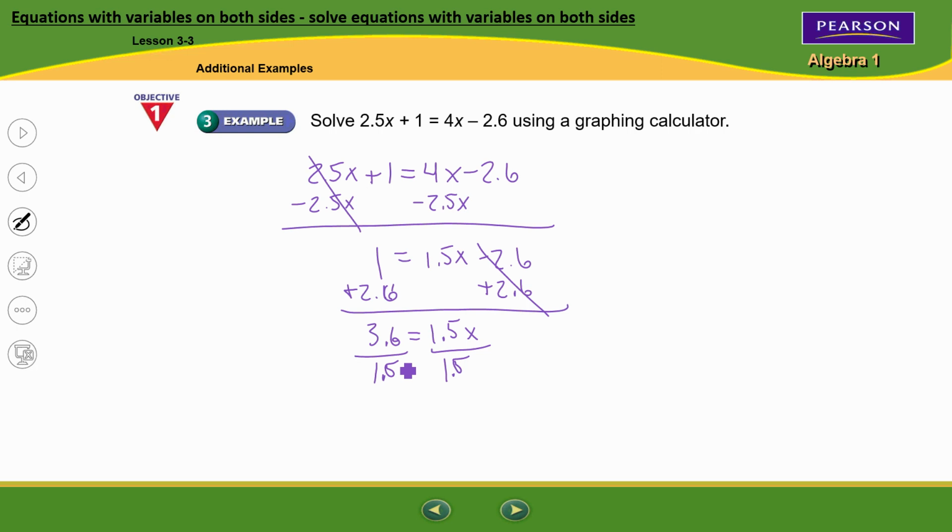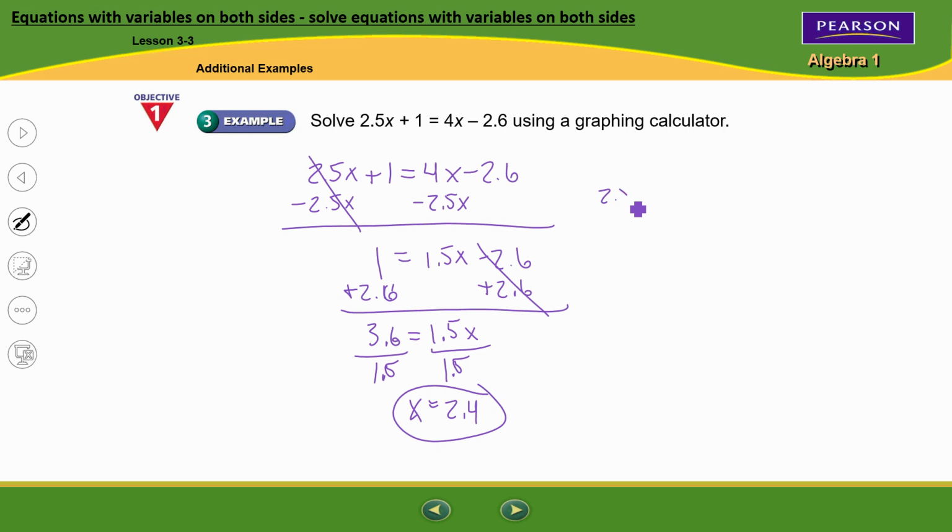So 3.6 divided by 1.5 is going to equal something that I will know once I have calculated it on my calculator. 3.6 divided by 1.5. We're going to get 2.4. And at this point, we should probably check.